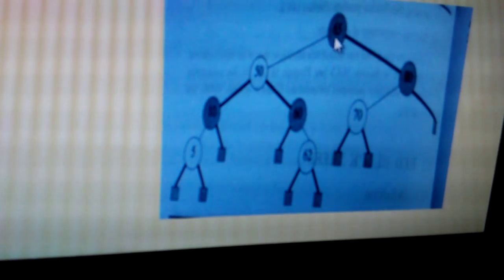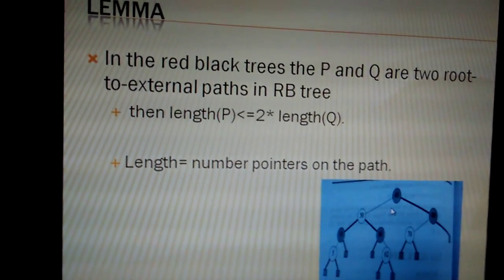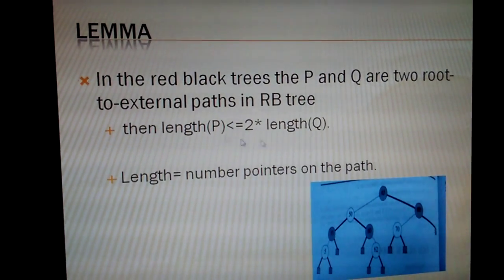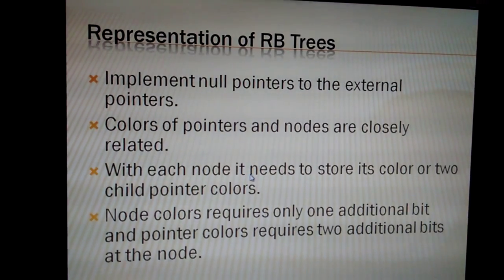The length of the first path is 4 and the length of the second path is 2. So it satisfies the condition P less than or equal to 2 into the length of Q. This means the red black tree will satisfy this lemma. Length is the number of pointers on the path.